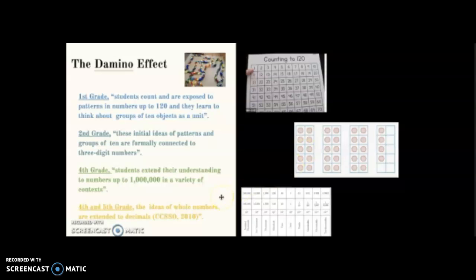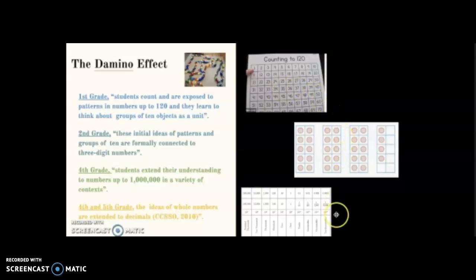In fourth grade, students extend their understanding to numbers up to 1 million in a variety of contexts. In fourth and fifth grade, the ideas of whole numbers are extended to decimals. After they learn how to count from 1 to 120, students will learn how to regroup.